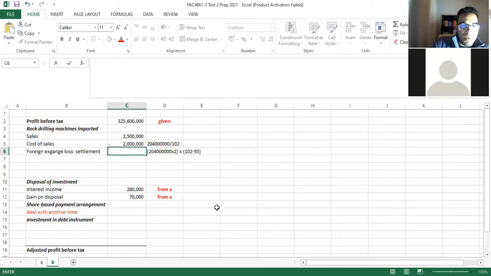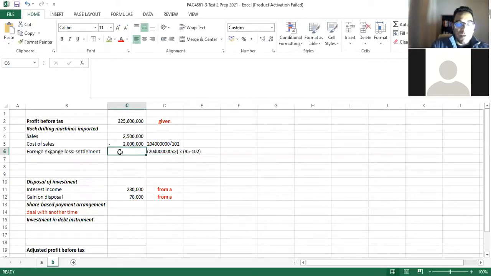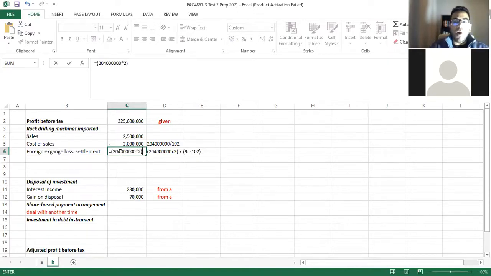Actually, we can just change it around. Let's just put 95, the latest exchange rate less the earliest exchange rate. That will help us. So this must be a negative. It's going to equal 204, 123, 123 times 2. We're taking 408 because we're settling two machines. Each machine costs 204.